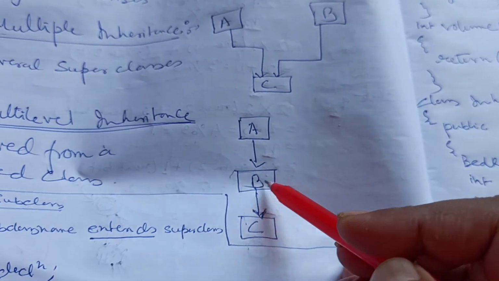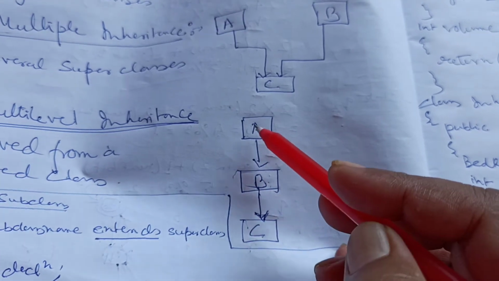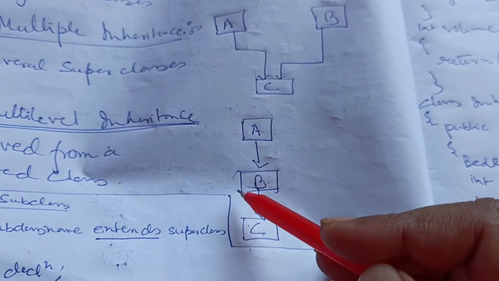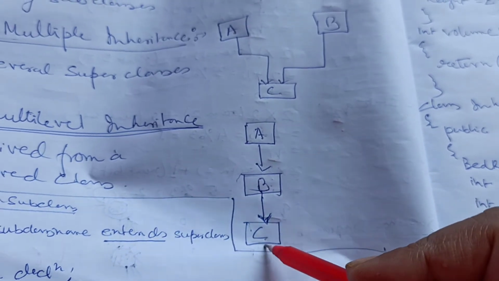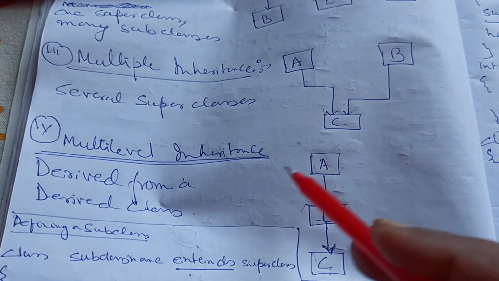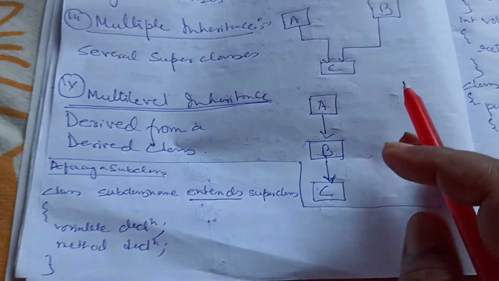Now again B is derived into C. That means the properties of A have been derived to B, and now B is again deriving to C. So you can easily say derived from a derived class. Clear?